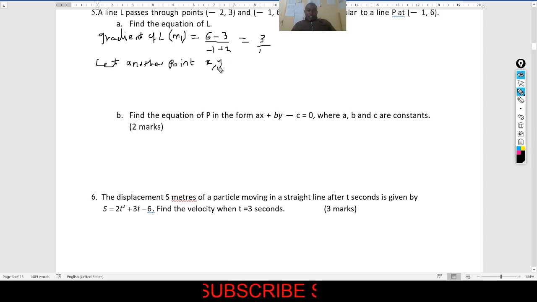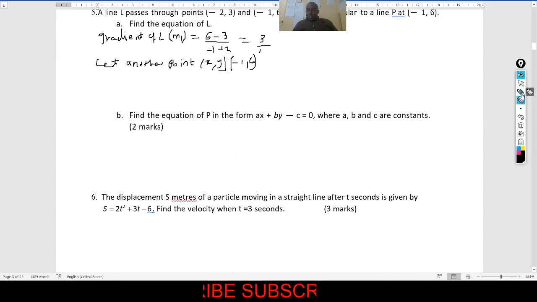If I use this point (x, y) and another point, this one or this one, I can use any, because the answer will be the same. So I use that and this other point, -1 and 6, with the gradient, because the gradient on that line is the same.